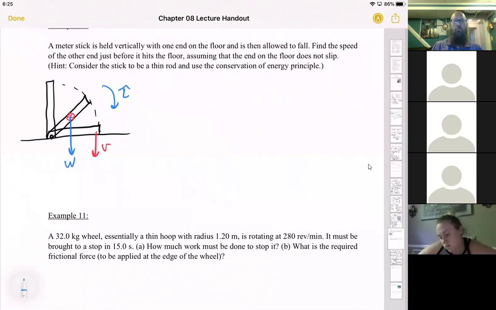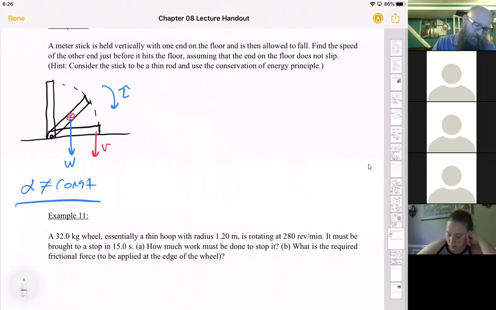So there is no torque unless you're just a little off axis. What this means is kinematics doesn't help us here, because kinematics depends on alpha being constant, and here alpha is not constant. So are we shot then? Is there any way we can solve this problem?